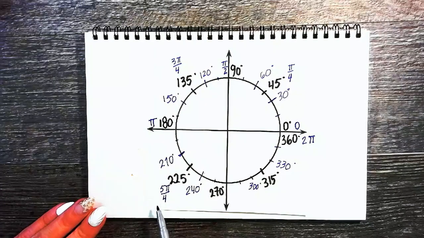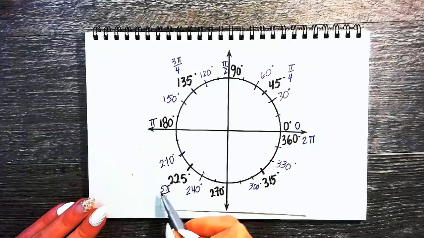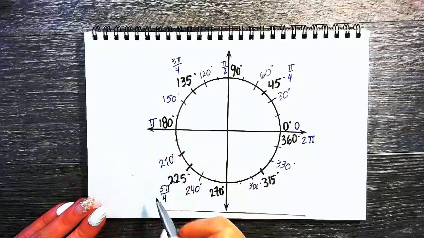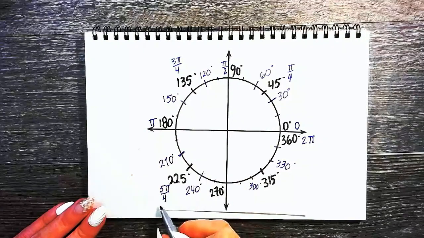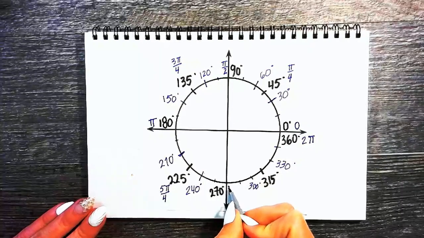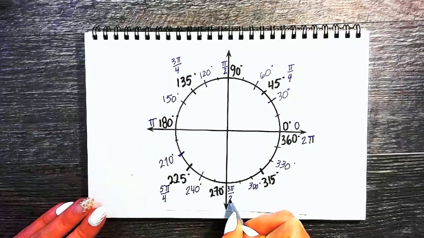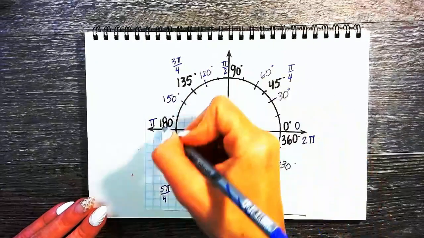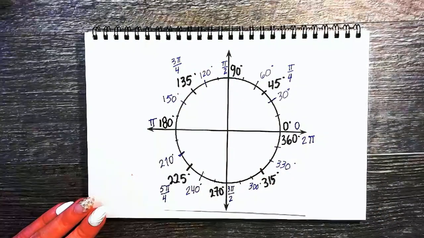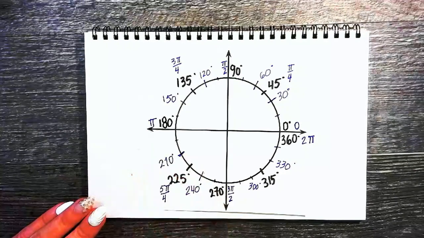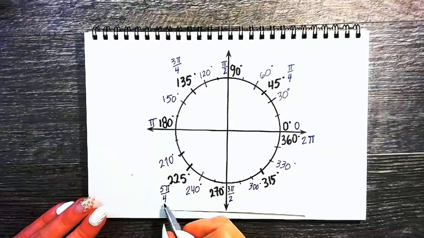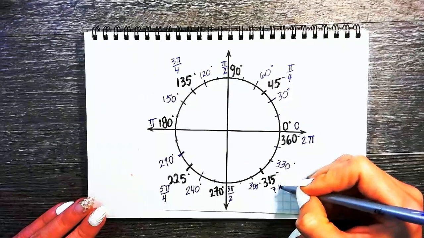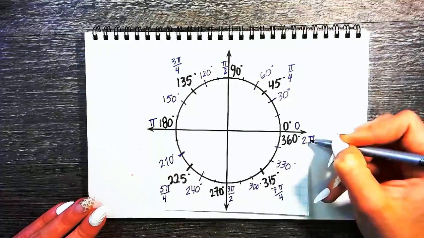How many pi over 4s do you have? 5 of them. 4 pi over 4 is 1 whole pi, so it's more than 1 pi. After 5 pi over 4 is 6 pi over 4, which reduces to 3 pi over 2. You should also know that 3 halves is 1.5, so this is 1.5 pi's, because again, pi is half the circle. 5 pi over 4, 6 pi over 4, 315 is 7 pi over 4, 8 pi over 4.